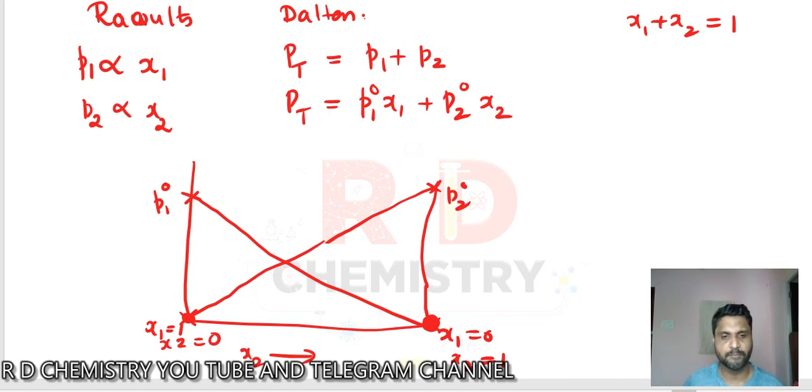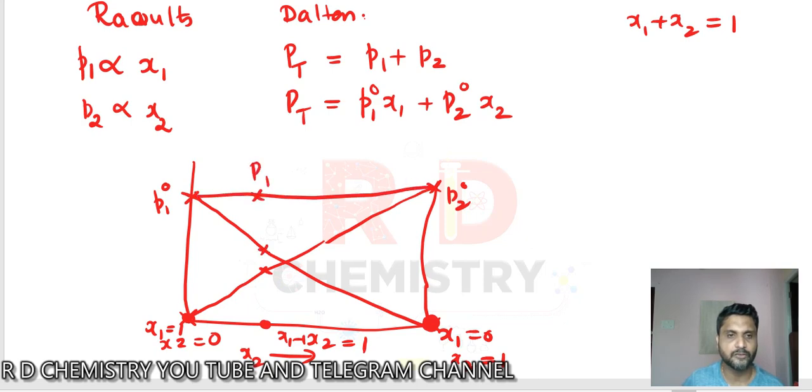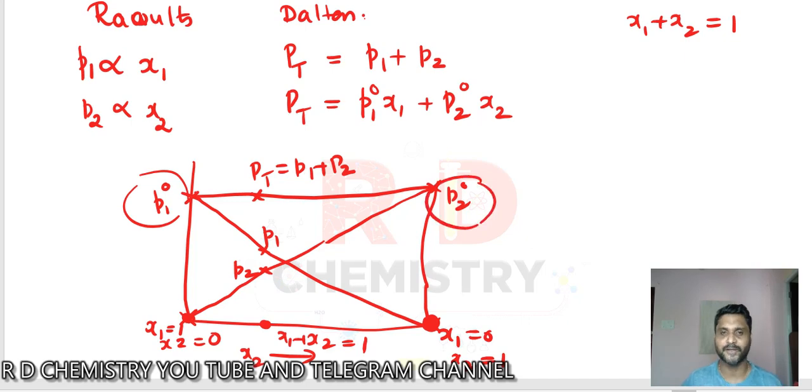Now in between, x1 plus x2 should be equal to 1, correct? So this is P1, this is P2. When you add the two, I should get the total, so it should be somewhere here, Pt is equal to P1 plus P2. On these lines, this is the P2 and this is the P1 corresponding, and at the extreme corners we have P1 naught and P2 naught. Clear, right?